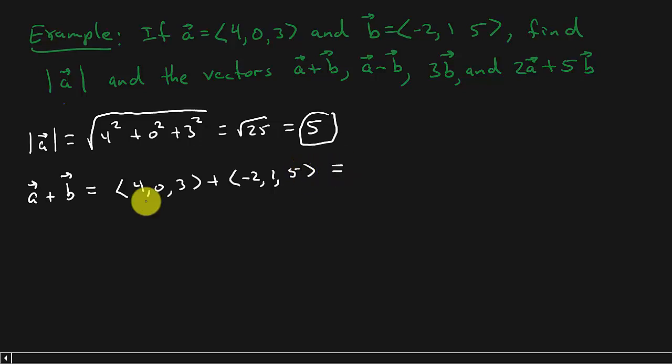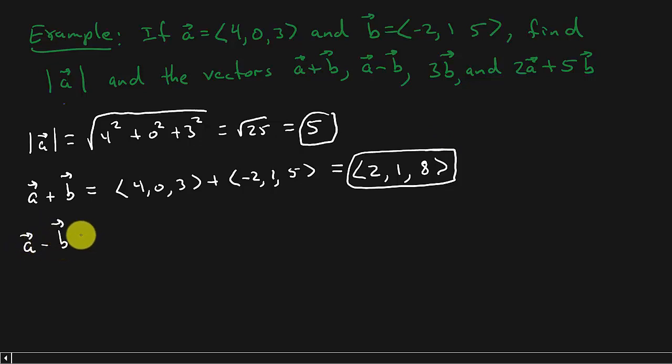And so when we add those, 4 plus negative 2 is 2. 0 plus 1 is 1. And then 3 plus 5 is 8. And there's your answer.